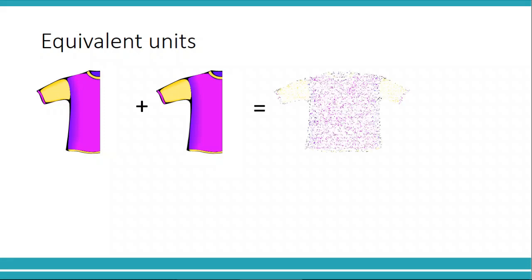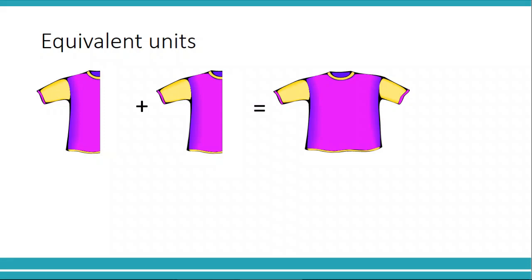We go for equivalent units. What is an equivalent unit? I'm not saying finished unit, I'm saying equivalent unit. Equivalent unit means that if you've got two units with 50% work done, it is called one equivalent unit. Like two half units are equal to one full unit.